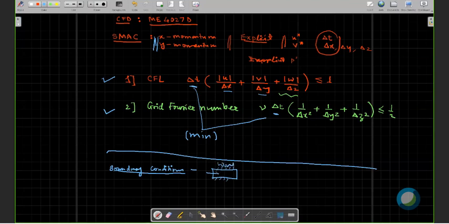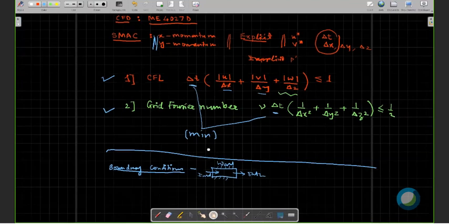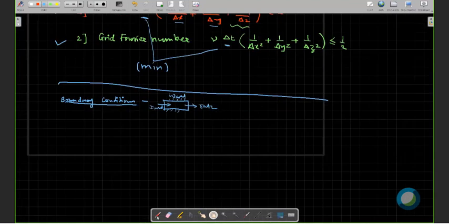What should be the values of the variables specified for this inlet boundary condition, and what should be the variables for the outlet boundary condition? That is what you have to see and do. Based on the problem, you have to select. If it is a symmetry boundary condition, then we have already seen what the conditions should be.